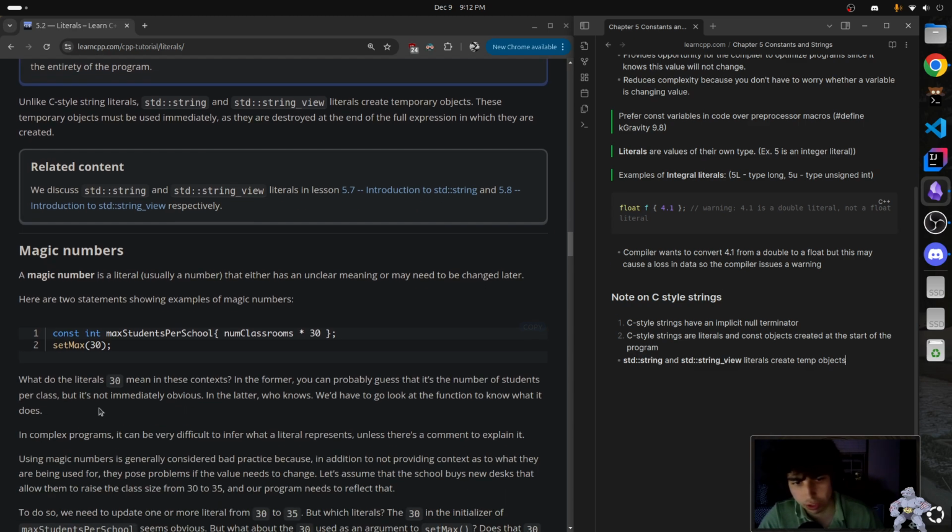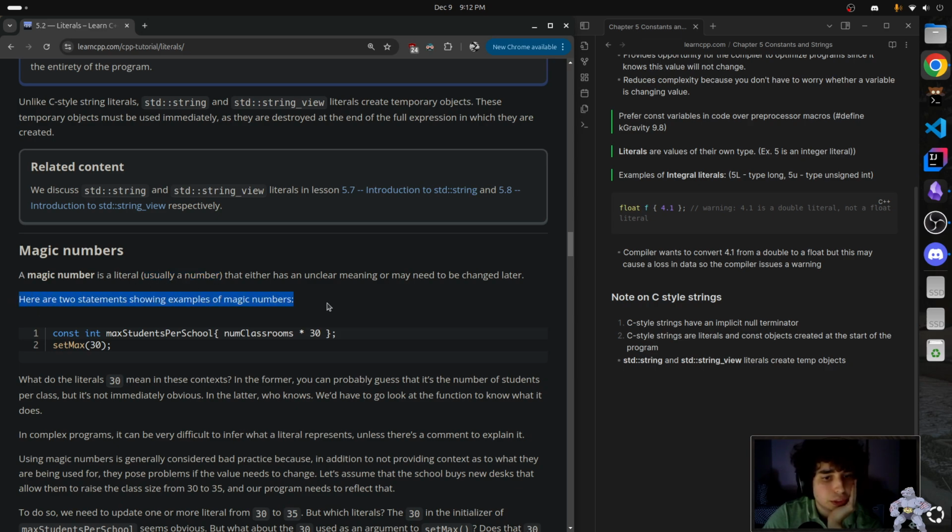I'm not going to go further. I don't really know what that means. I'm just going to leave that bullet point there. Yeah, I know about magic numbers.